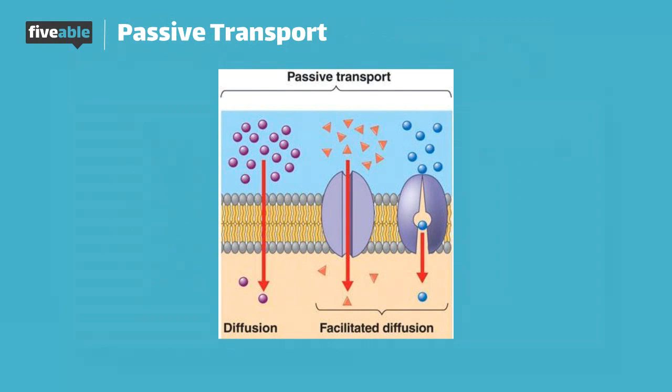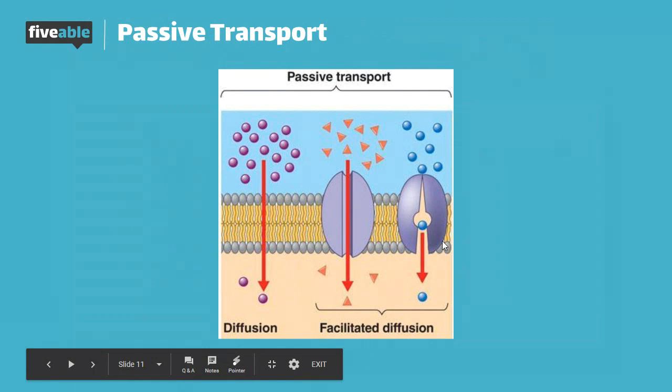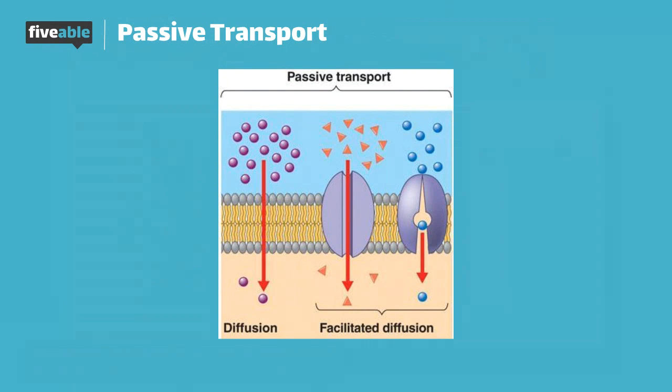Passive transport is just diffusion, but this time it is across a biological membrane, so it's just involving a cell. Anytime you're moving molecules freely from a high concentration to a low concentration across a plasma membrane or a biological membrane, we will call that passive transport.